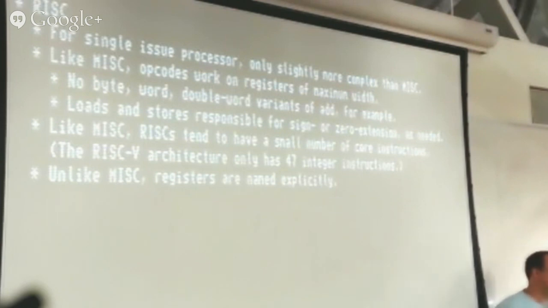That's not much more than most MISCs. It's only like, what, 12 more instructions. So unlike the MISC, registers are named explicitly, by which we mean when we want to add a value, we say add register A to register B and put the result in register C. So it shares a lot of stuff with the MISC architecture, with the exception of explicitly naming the variables.